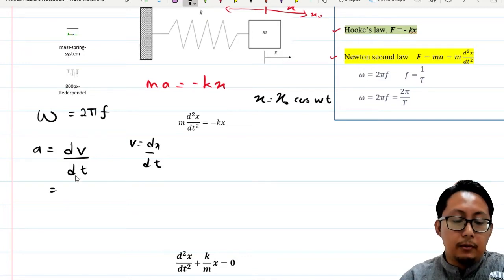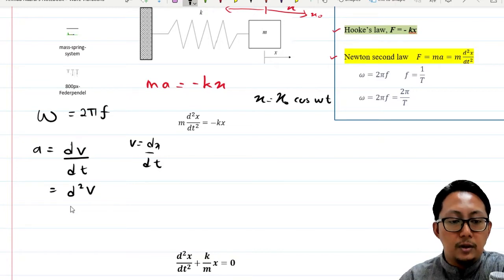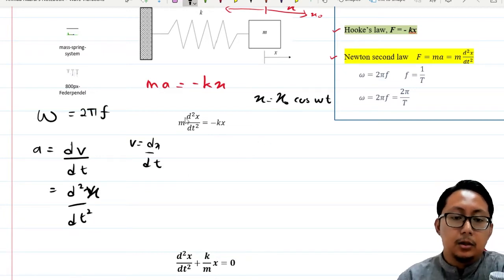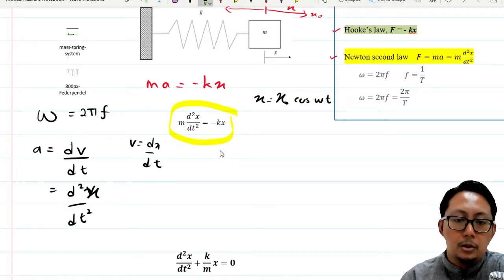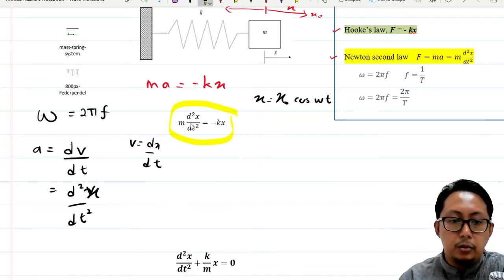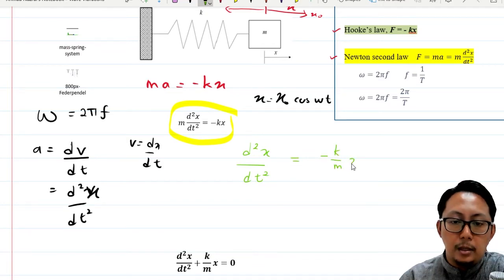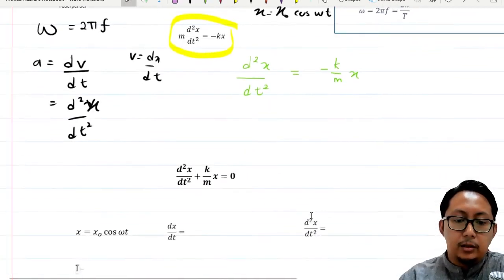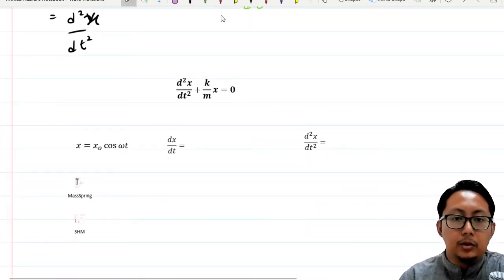So we have the acceleration equal to d square x over dt square, the double differentiation of x. For this equation, we can continue to rearrange, dividing everything by m. We have d square x over dt square equal to minus k over m x. So we can bring everything to the left. We have d square x over dt square plus k over m x equal to 0.